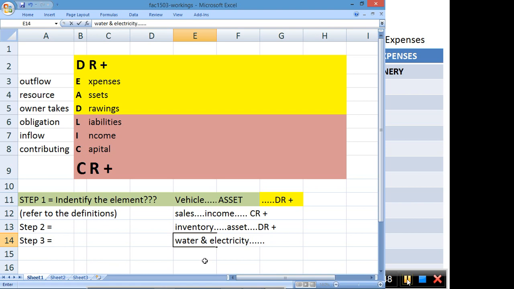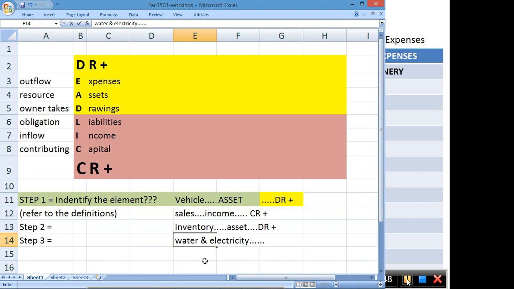Is water and electricity a liability in terms of an obligation? No, because you don't have to repay that. If you're talking about water and electricity that you haven't paid, then that's something different, because now you're talking about an obligation. I'm just asking you, what is water and electricity?